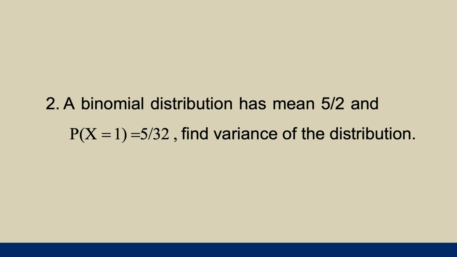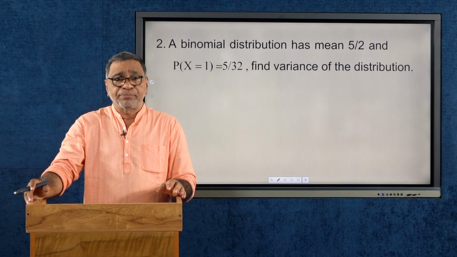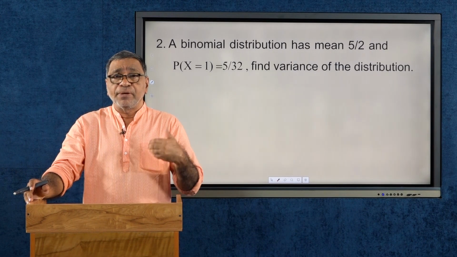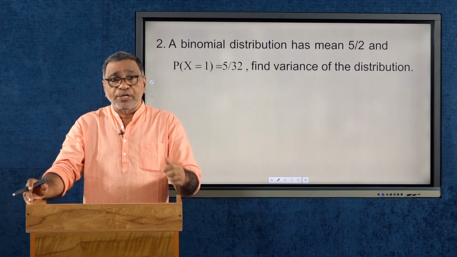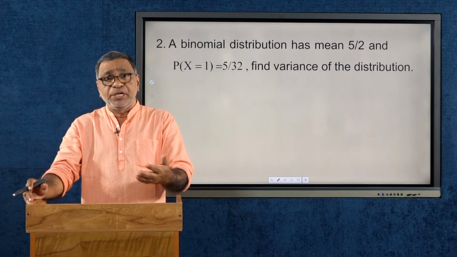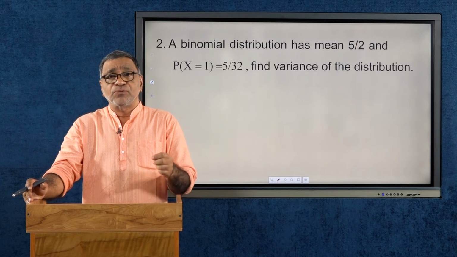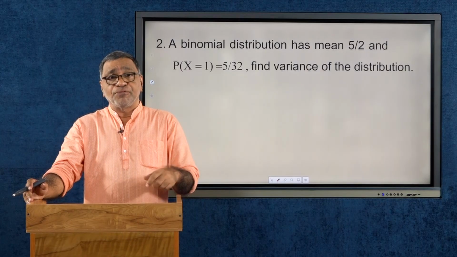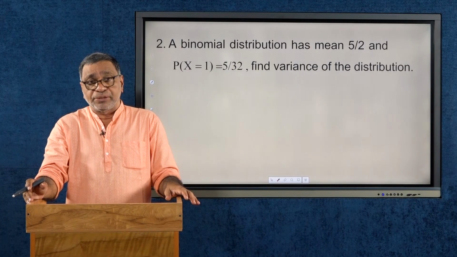And the question is, find the variance of the distribution. Here also the same situation: you are given a random variable x that follows binomial distribution and its mean value is given to you. And how do you find the variance of the distribution if probability of x is equal to 1 is equal to 5 by 32 is given to you?